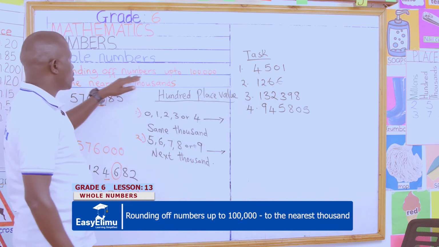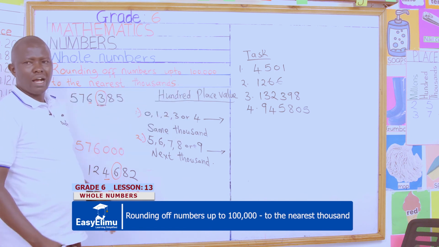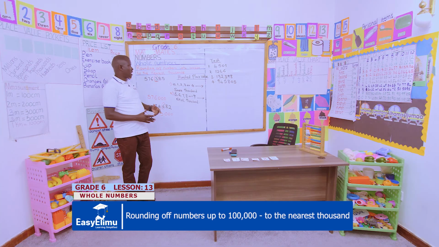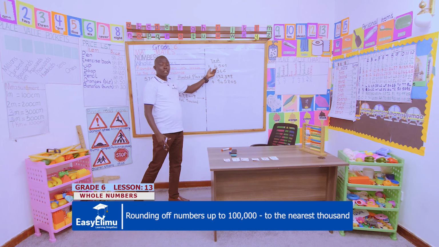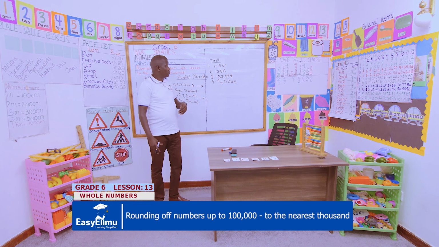Remember, we are rounding off up to hundreds of thousands. And for a number to be rounded off to thousands, the number itself should have 4 digits and above.